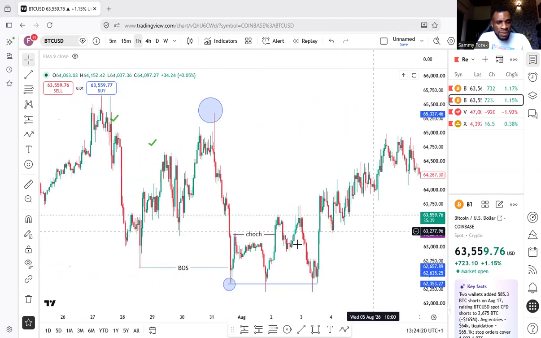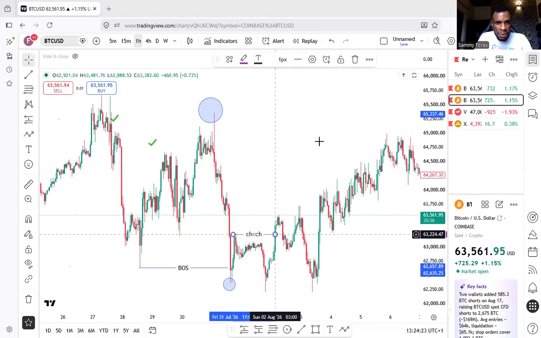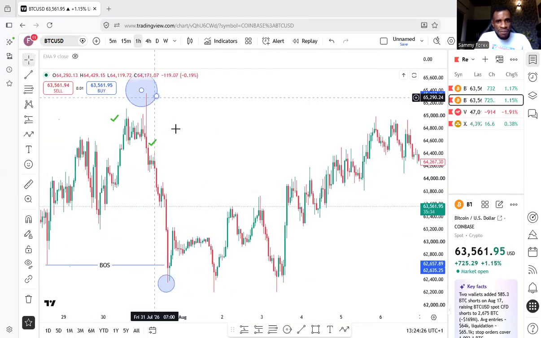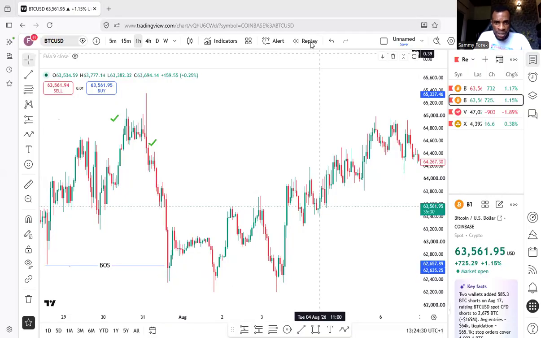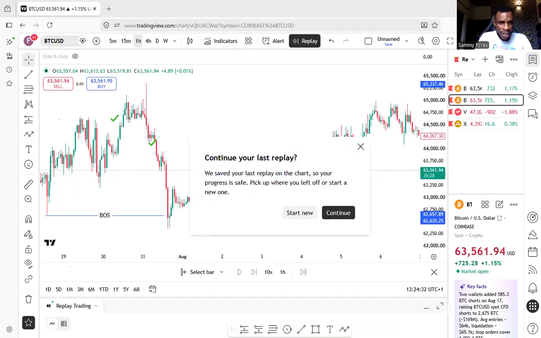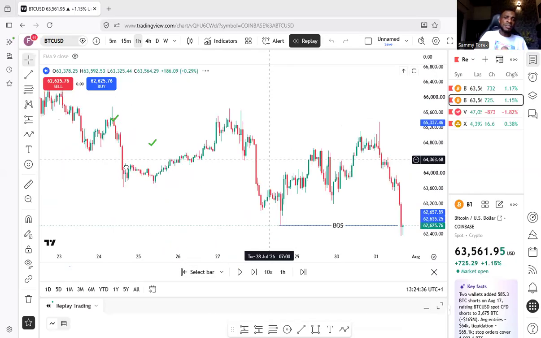If this is a break of structure, please listen to me, let me pull back. If this is a break of structure, where is the current trading range?